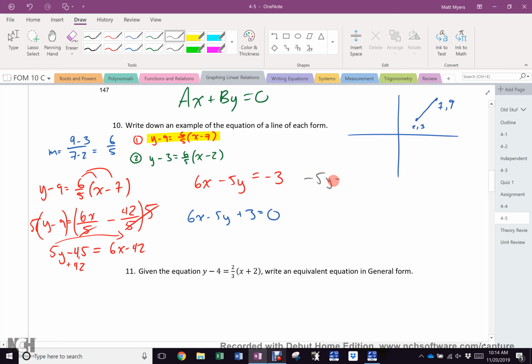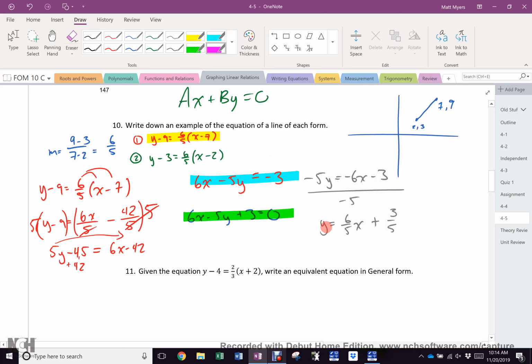Negative 5y would equal negative 6x minus 3, yes? And then what would you do? Y equals 6/5 x, which we knew the slope was 6/5, plus 3/5. And there is 1, 2, 3, 4 forms.